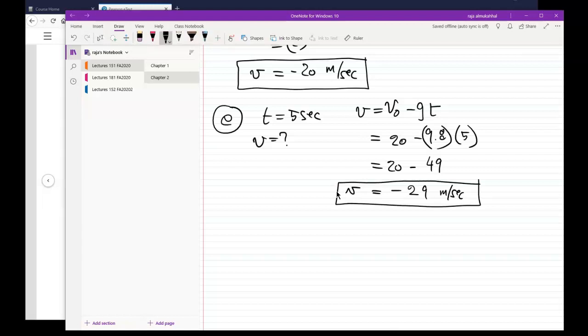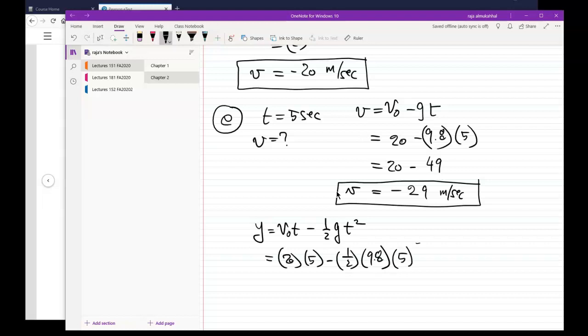Okay, now he's asking what is the position of it. In other words, what is the height of the pencil or particle, whatever, at that position. I can use the third equation, y equals v naught t minus 1/2 gt squared, and that will give me 20 times 5 minus half 9.8 times t squared, the 5th second squared.